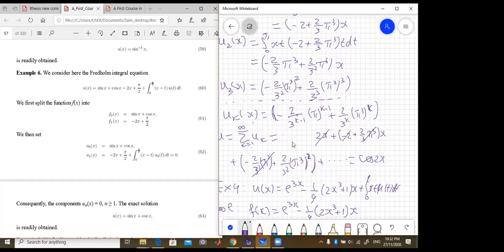Here cos x, not cos 2x, cos x, right? Plus 2x cancels with 2x and so on. So at the end we get the solution with cosine x. Yes, thank you. So that is the solution.